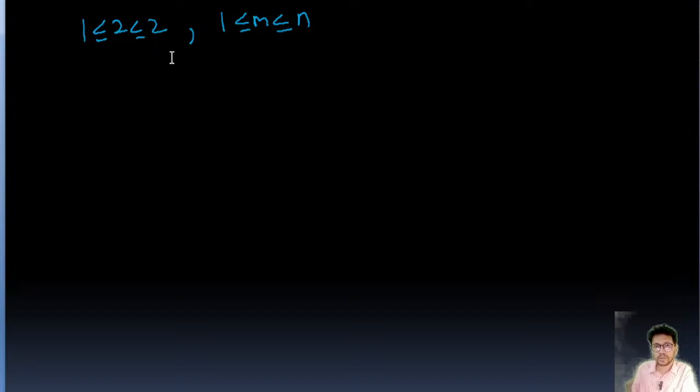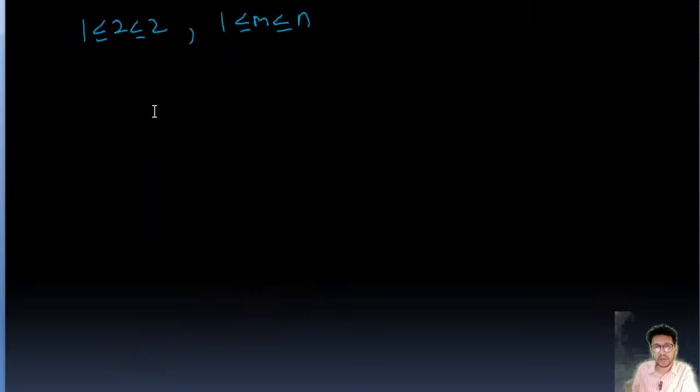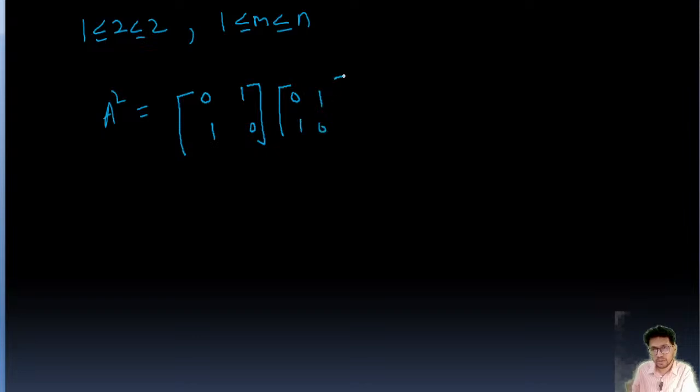So this is the rank. The rank of A is 2, and we have supposed sigma 1 equal to A, so the rank of the matrix is 2. Now we'll find A square. A square is going to be 0 1 1 0 into 0 1 1 0.